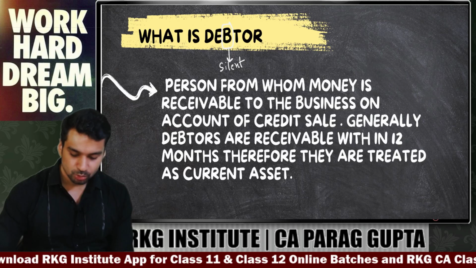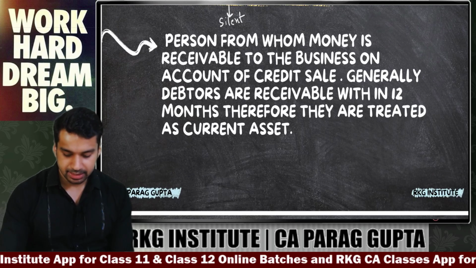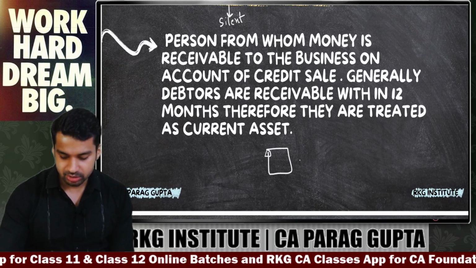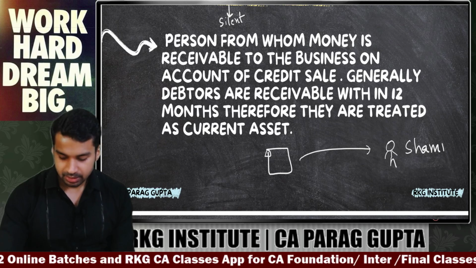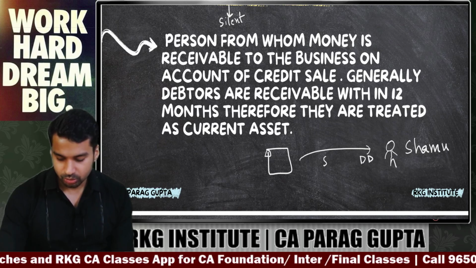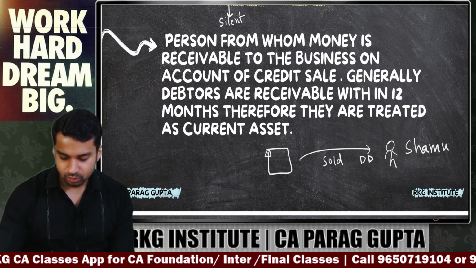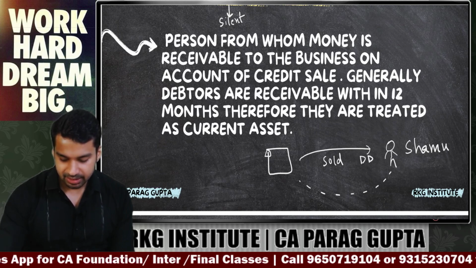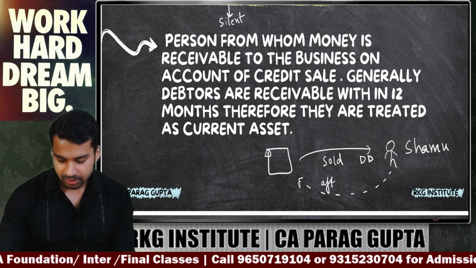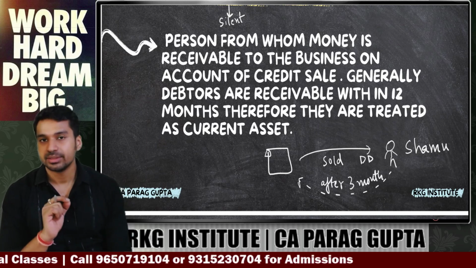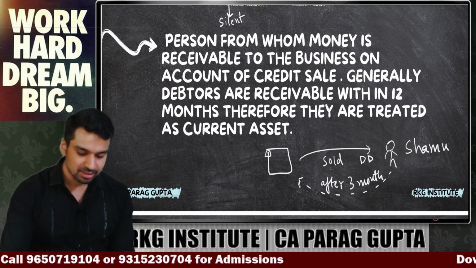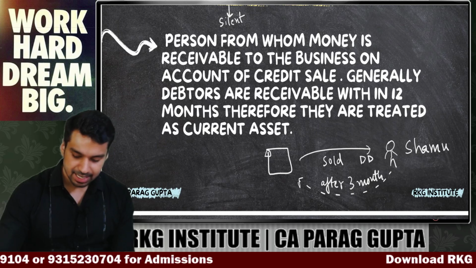So if I reverse the whole story, let's assume that now I have sold goods to a person called Shamu, and Shamu is saying that he will give money after 3 months. So that means I have sold goods to Shamu on credit. Now for the next 3 months, Shamu will be considered as debtor.